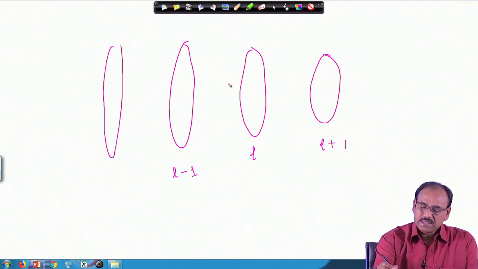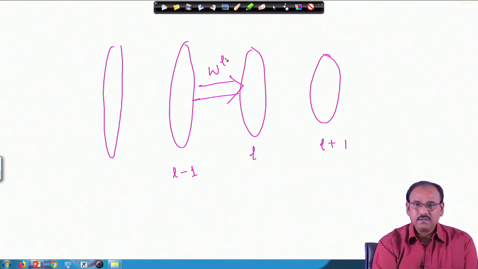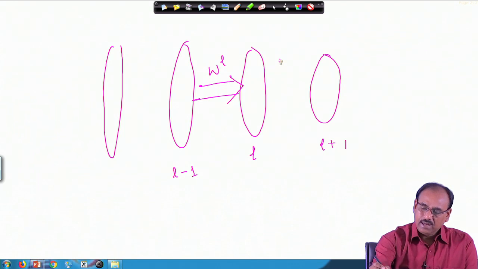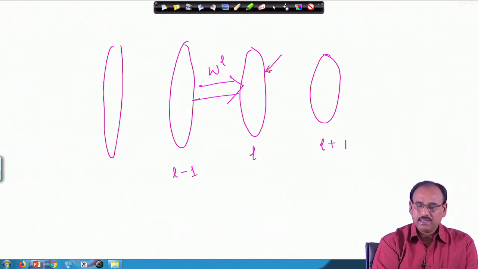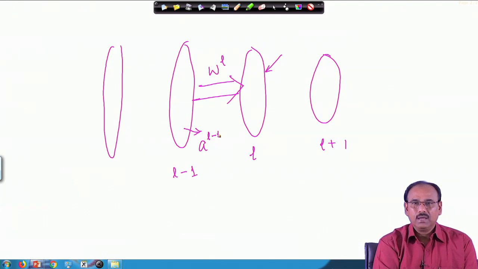When you train this Lth layer, that is, when the weight vectors WL between layer L minus 1 and layer L are trained, the update of these weight vectors depends upon the error which is propagated up to the Lth layer, as well as the activation output of layer L minus 1.